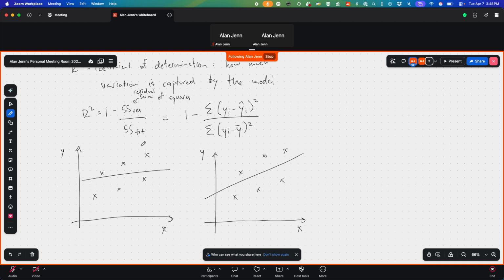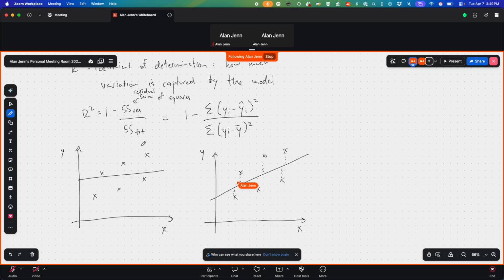Wait, what is the question you just put? The first one was what does the line look like if you take the average y, and the second one is what we've been doing, which is you try and minimize the distance from my line to the data points.